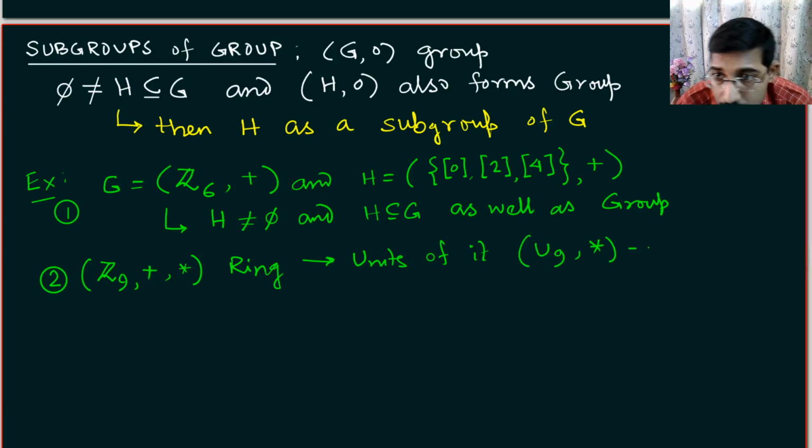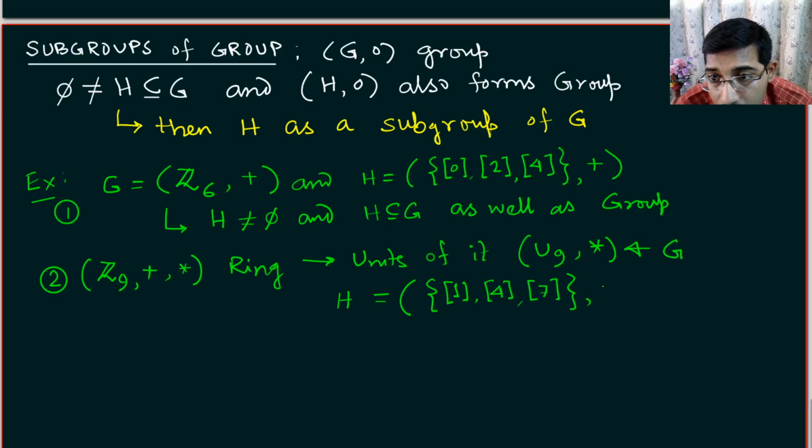Let us consider this is my G, and H is those units which are 1, 4, 7 with multiplication. See that 4 has inverse 7, 7 has inverse 4. So all inverses are present. Identity is 1.